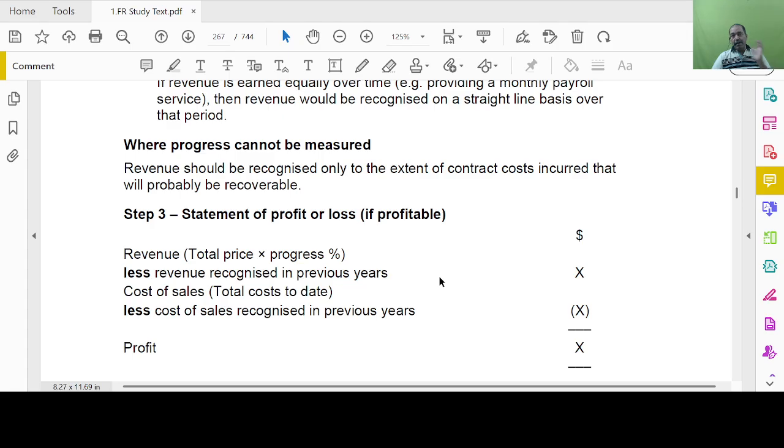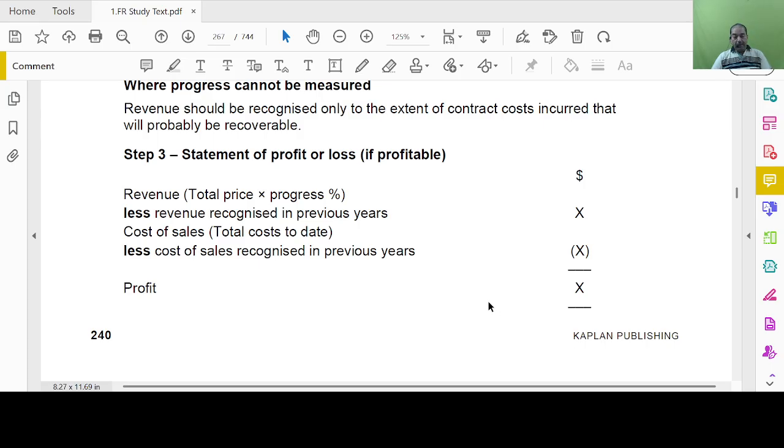If you have already recognized some part of the revenue in the earlier years, that will be subtracted. Cost of sales, that is total cost up to date, whatever cost is incurred up till the end of the year, minus the cost of sales incurred up till last year. That will give you the profit or loss for the current year. Okay, that is step number 3.